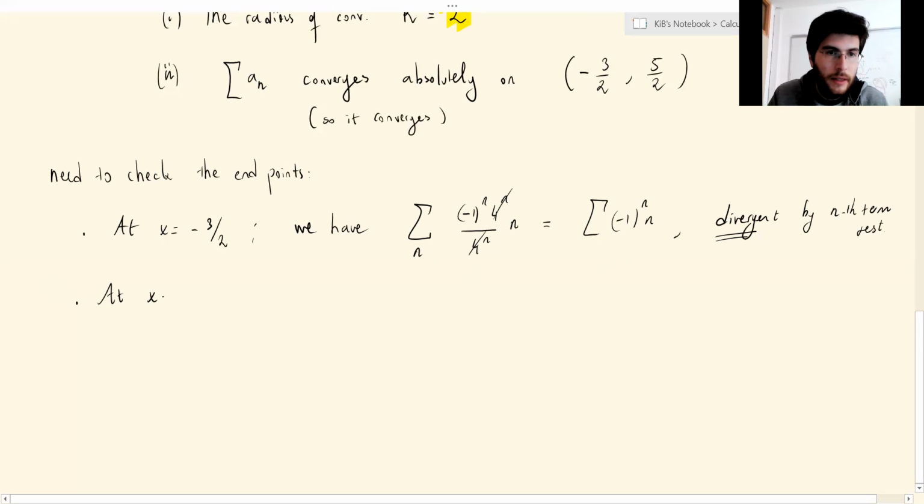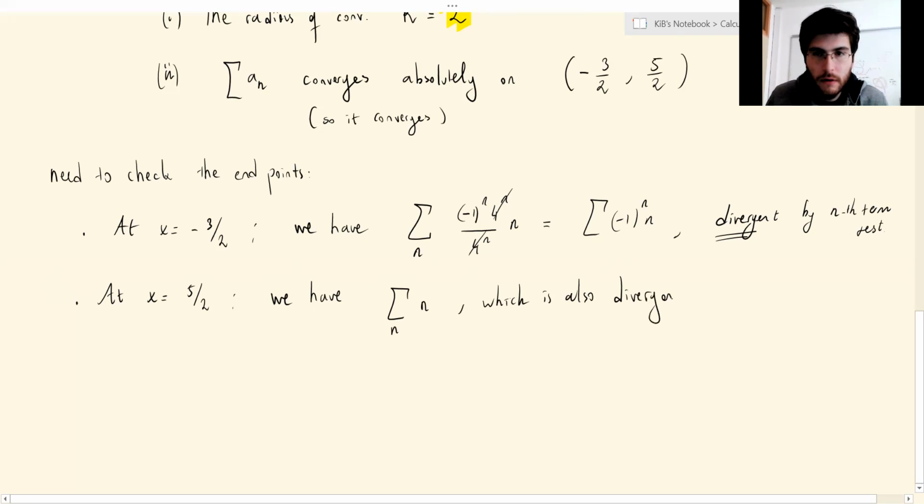The other one, when x equals 5/2, if you substitute x equals 5/2, you will get a series like this one, which is also divergent by the nth term test. So we are done.